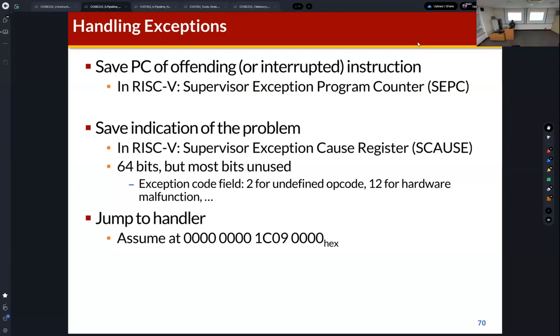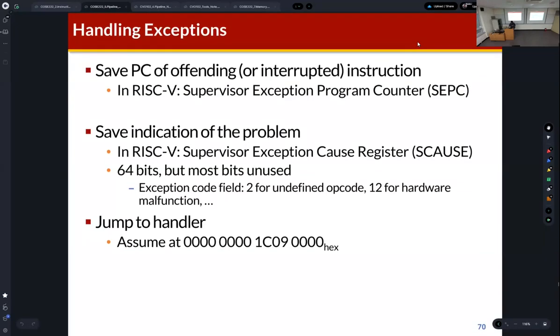I said that exceptions are kind of errors in an instruction, which means that we need to detect which instruction causes the exception. So firstly, we need to identify the instruction that causes an exception.